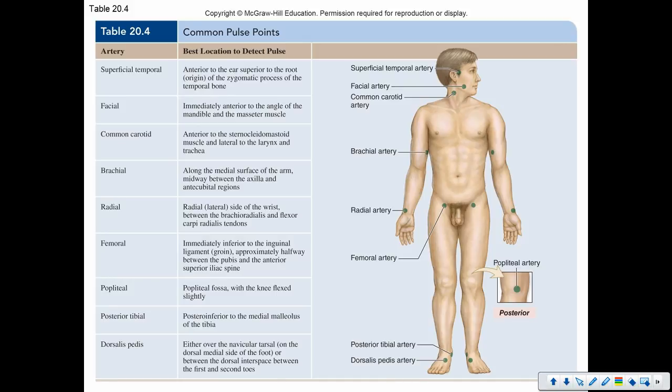I think he broke his foot or his ankle or something like that. When he went into the hospital to get checked, they didn't check for the pulse of the dorsalis pedis artery on the dorsal aspect of the foot, or the posterior tibial. They didn't check either of those.